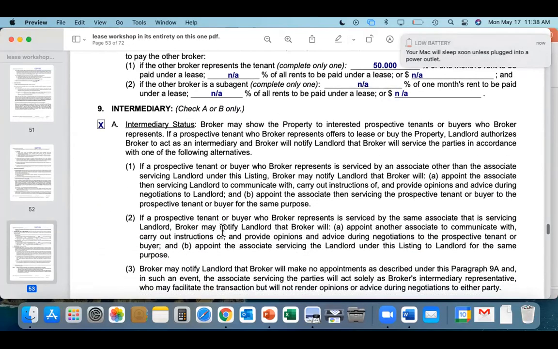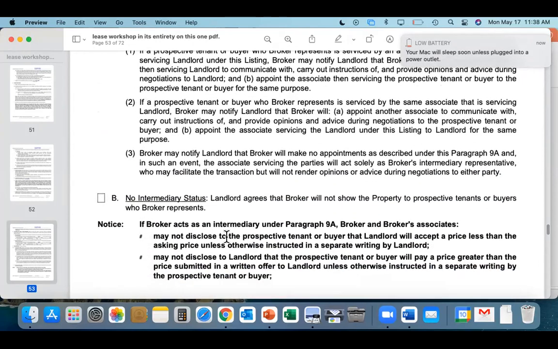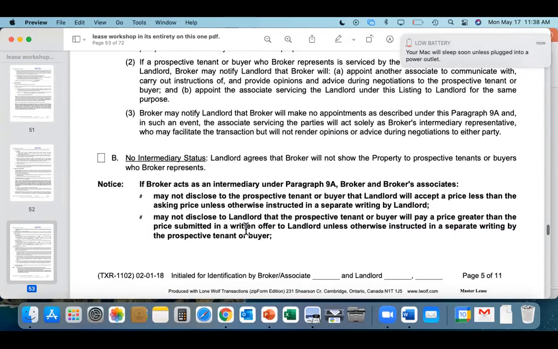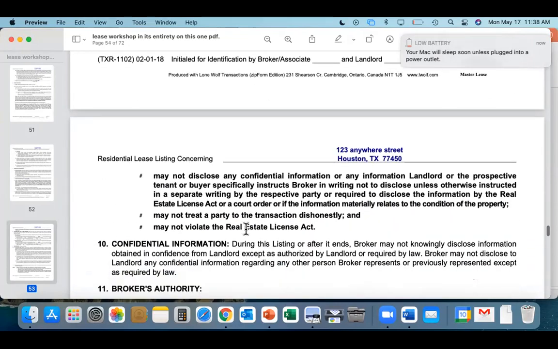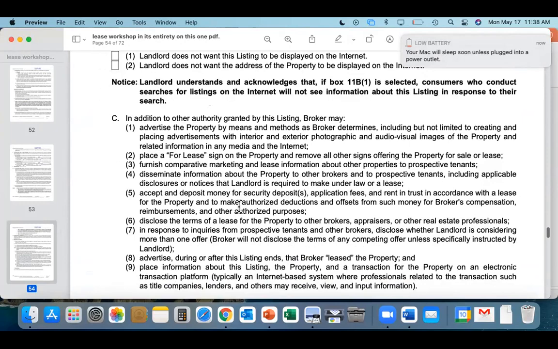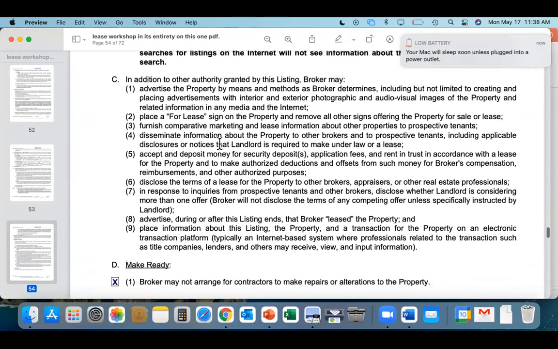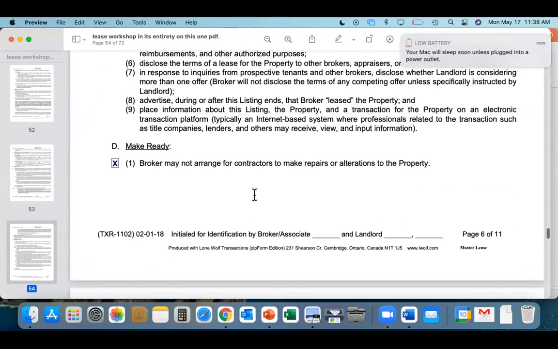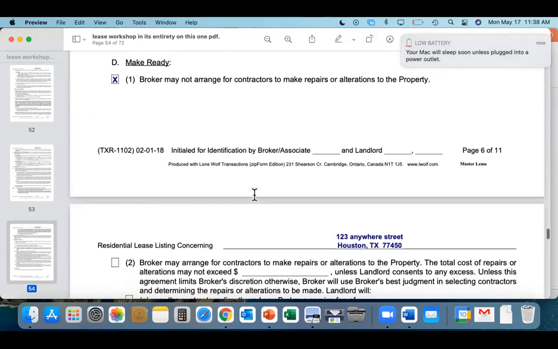And then we mark, just like in a regular listing, that we want intermediary. We want to be able to walk tenants on the property and show them the property. And the rest of this is just legal stuff that you just want to study in your contract and know it.